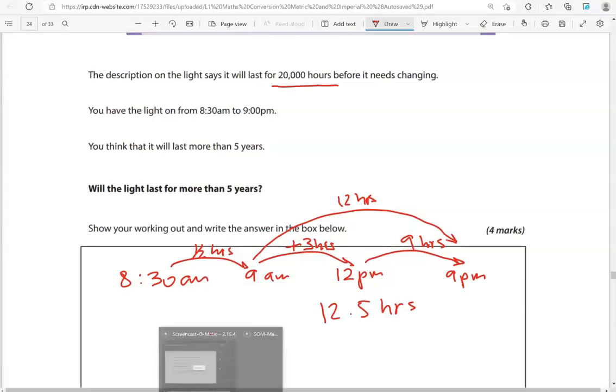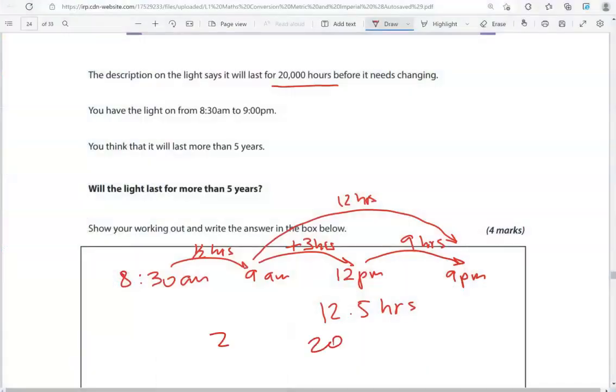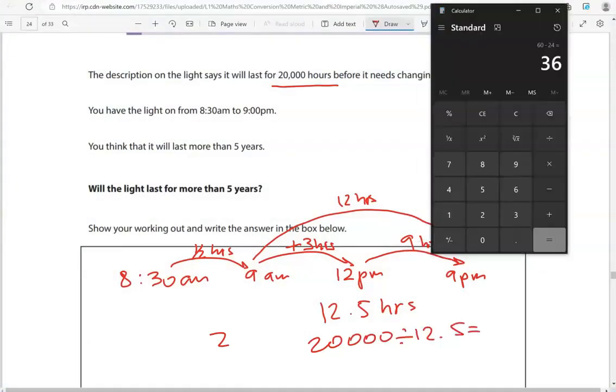If we divide 20,000 by 12.5, that should give us the number of days that this will last, which is 1,600.